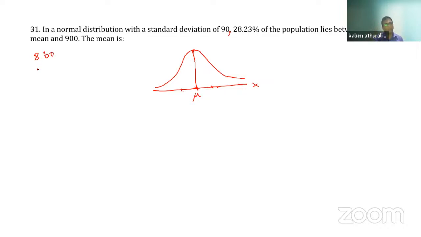Then mu should be 800 something, so mu is about 800, which means 900 goes to the right-hand side.